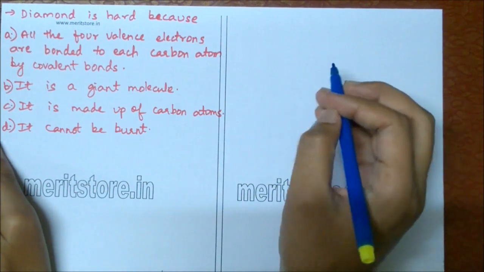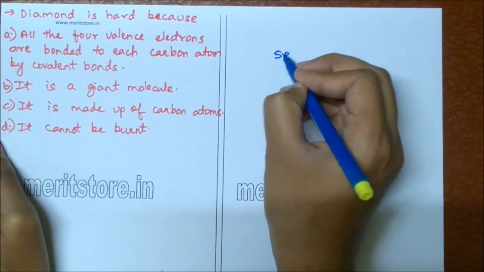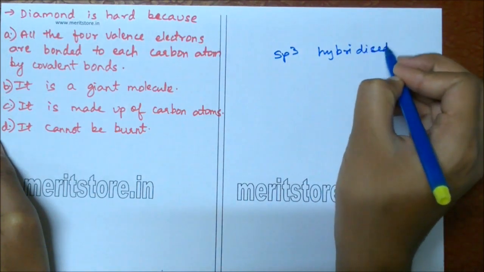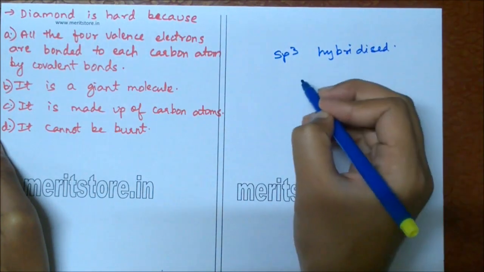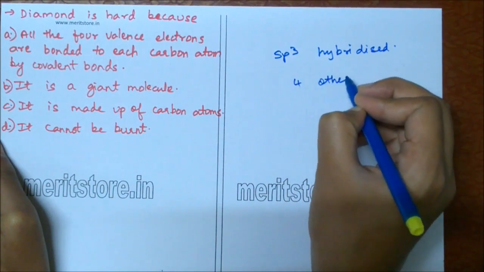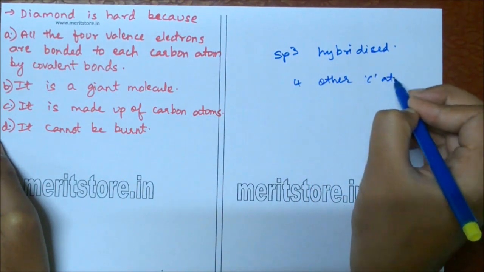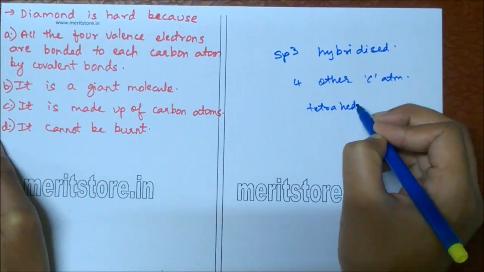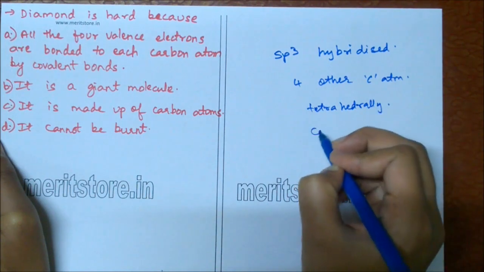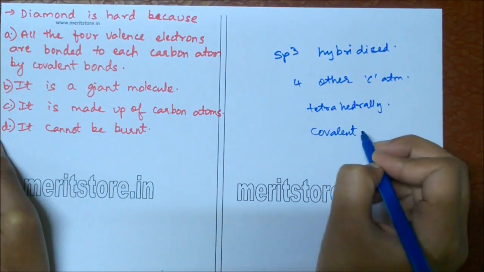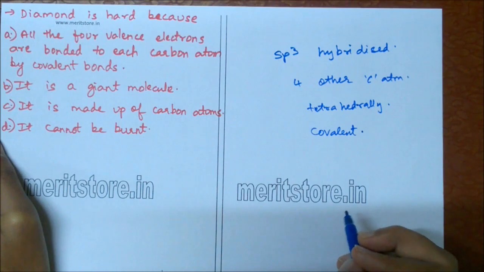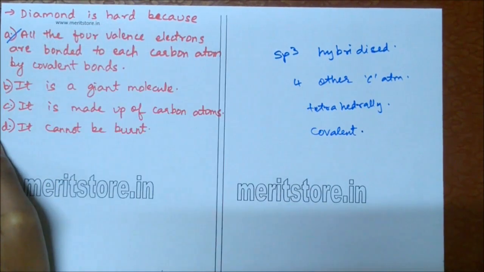In diamond, each carbon atom is sp3 hybridized and linked to 4 other carbon atoms tetrahedrally by covalent bonds. As the atoms are held firmly by strong covalent bonds, diamond is a hard substance. So option A is the correct answer.